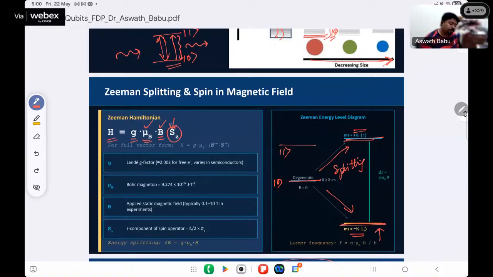SZ is the thing which comes out of a possible splitting or possible spin values. Here the SZ value in this case is plus half or minus half. What is MS? MS, yeah, plus half or minus half, the SZ value.